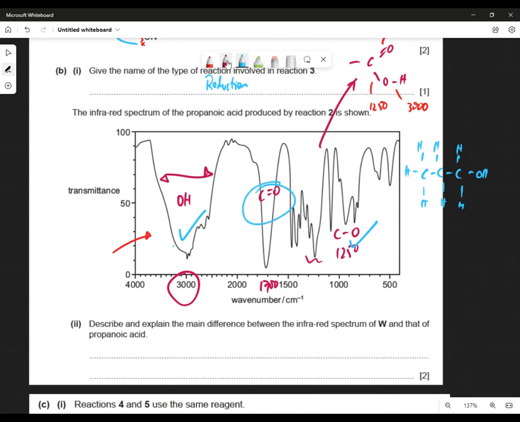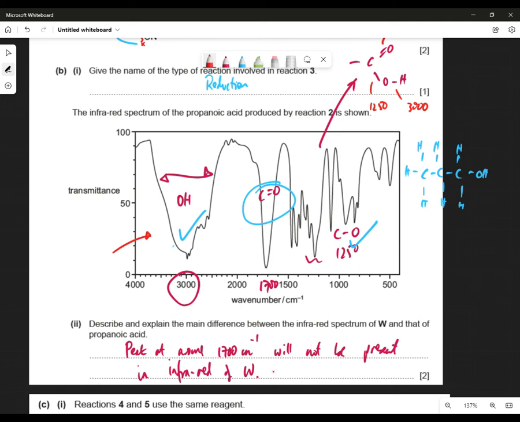So the peak at around, I can't see exactly what it is, around 1700 will not be present in the infrared of W. Now, where did we get the 2 marks from?